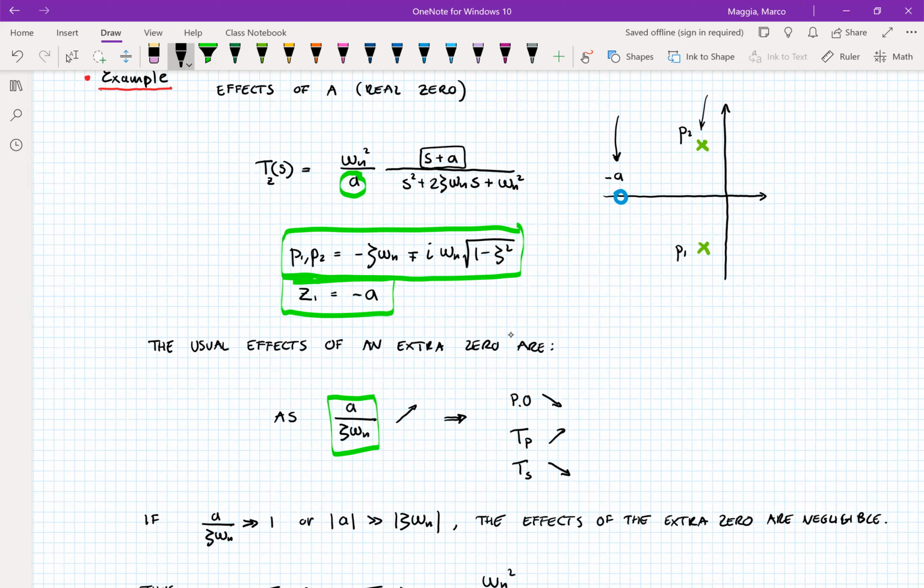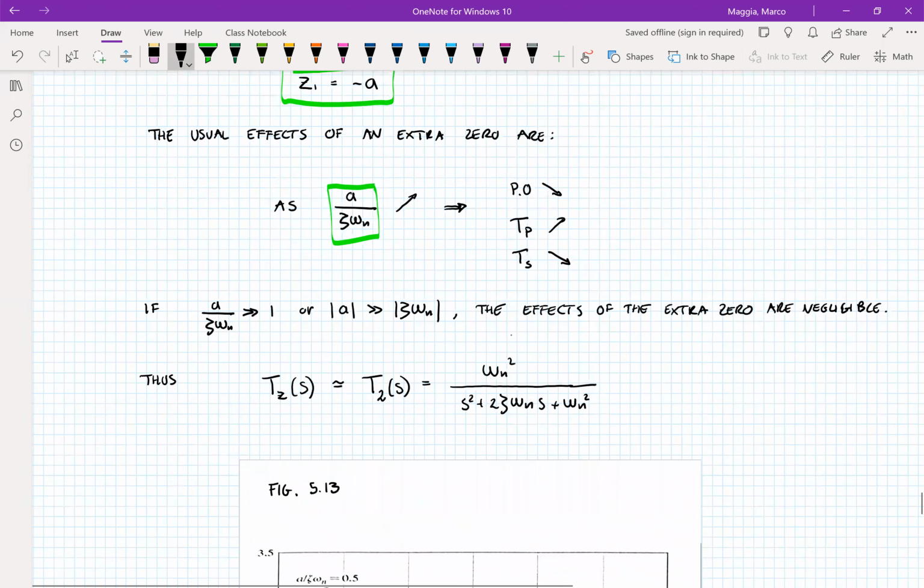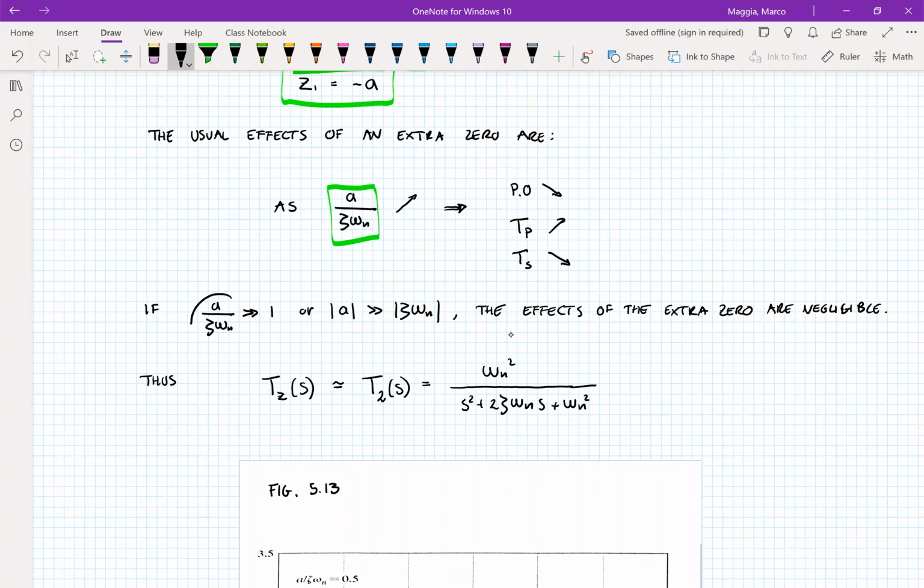So when can we neglect the effects of an extra zero? Well, that is when this ratio a over zeta omega n is much greater than 1, or when the real part of the zero is much greater than the real part associated with the poles.